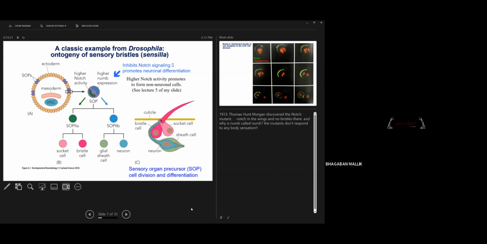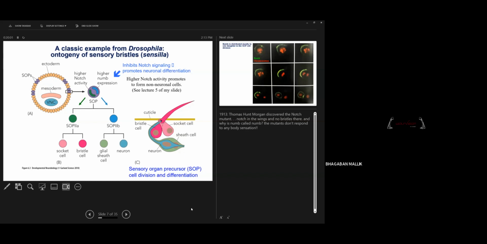SOP2A differentiates to socket cell and basal cells, and SOP2B forms glial sheath cells and neuron. Don't memorize this. Only remember that you have a progenitor cell which can give different cell types because of expression of different transcription factors.